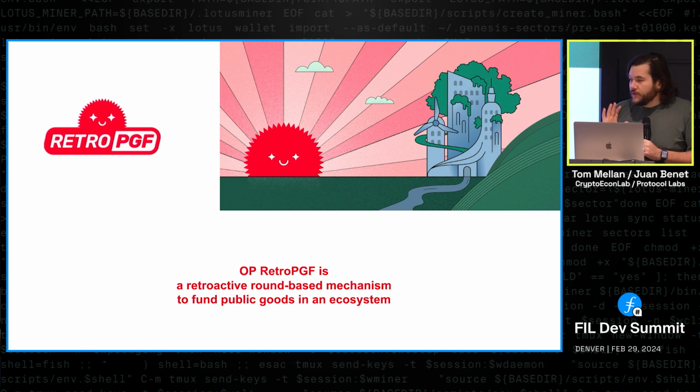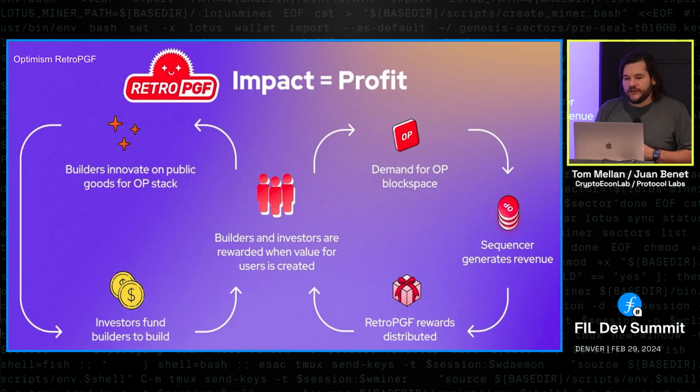So I wanted to give a quick brief on Optimism's RetroPGF structure. It's a retroactive round-based mechanism. It's a key component here to fund public goods in a particular ecosystem. The general loop is this one, where you think of creating a structure that enables everybody around the ecosystem to correlate impact with profit.